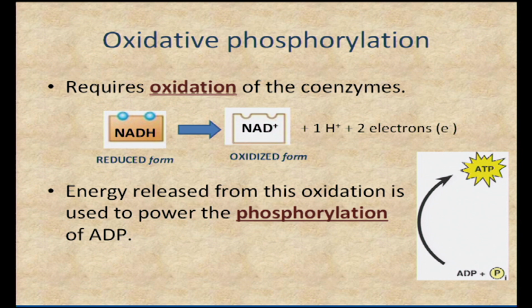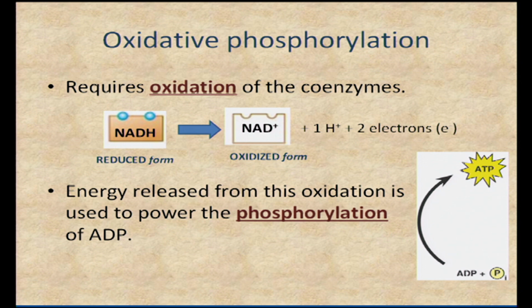Those coenzymes are in a reduced form. Remember, that means that it holds the electrons in that form. As part of the cashing in, we are going to strip those electrons away. In other words, we are going to oxidize NADH. So it is the oxidation of these coenzymes that is going to be involved in the powering of ATP.